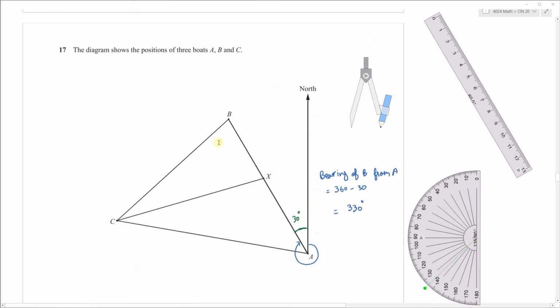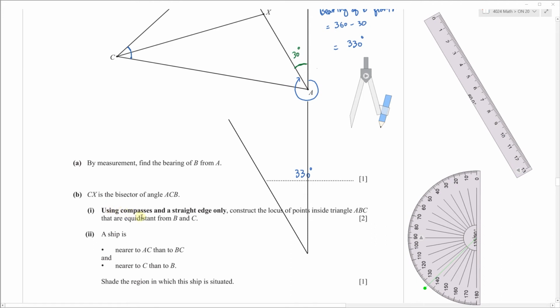So CX, this line here, is the bisector of angle ACB. That means it divides this angle into two equal halves on the top and the bottom. And all the points on this line, which is the angle bisector, will be equidistant from line CB and line CA.